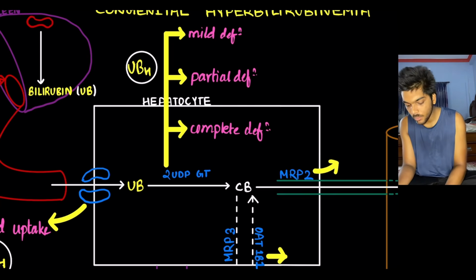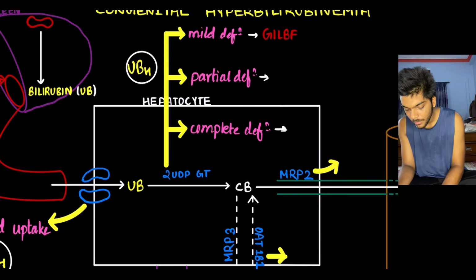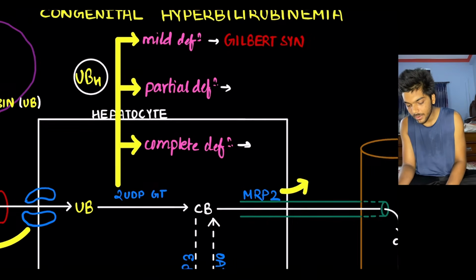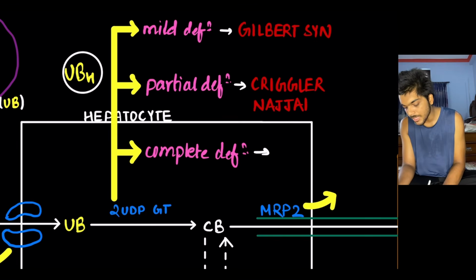The question is, in which particular syndrome are such deficiencies seen? Mild deficiency is seen in Gilbert syndrome. Partial deficiency is seen in Crigler, I repeat, Crigler-Najjar syndrome. However, it is of two types, type 1 and type 2.